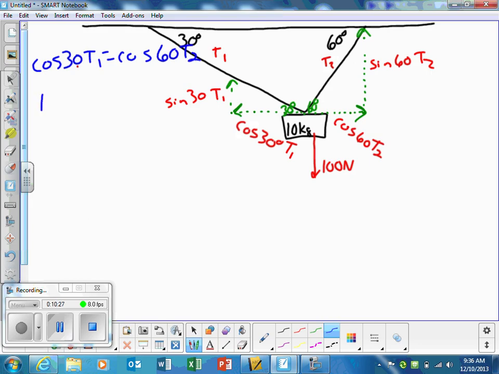Okay, so then T1 is equal to the cosine of 60 divided by the cosine of 30 T2. Can someone give me that actual number? So divide cosine 60 by cosine 30 and give me what that actual number is, please.